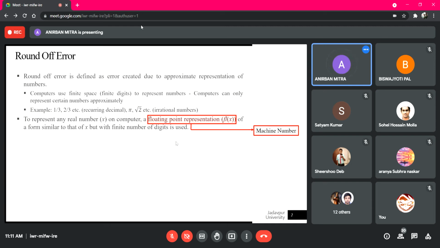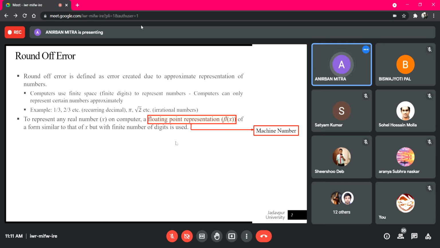These two numbers, the real number x and the floating point representation fl(x), have a similar form, but the only difference is that x has an infinite number of digits if required after the decimal point, whereas the floating point representation has a finite number of digits after the decimal point. By the way, this floating point representation of the real number is also known as a machine number in some cases.